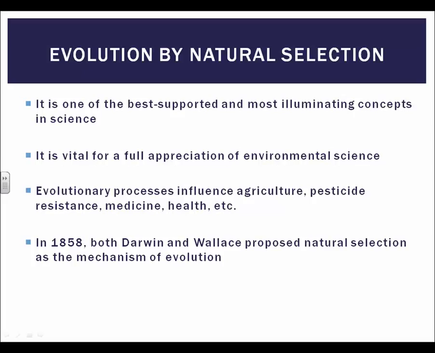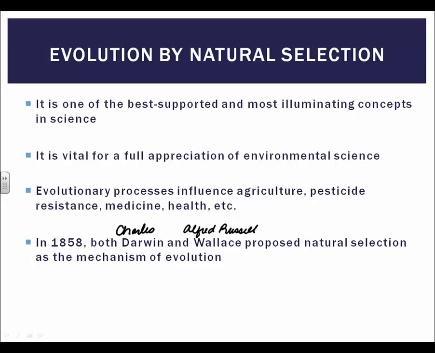Evolutionary processes influence agriculture, pesticide resistance, our health, and medicine. And who proposed this? Two people. In 1858, both Charles Darwin, whom we've probably all heard of and who got mainly all the credit, and the other person, Alfred Russel Wallace.